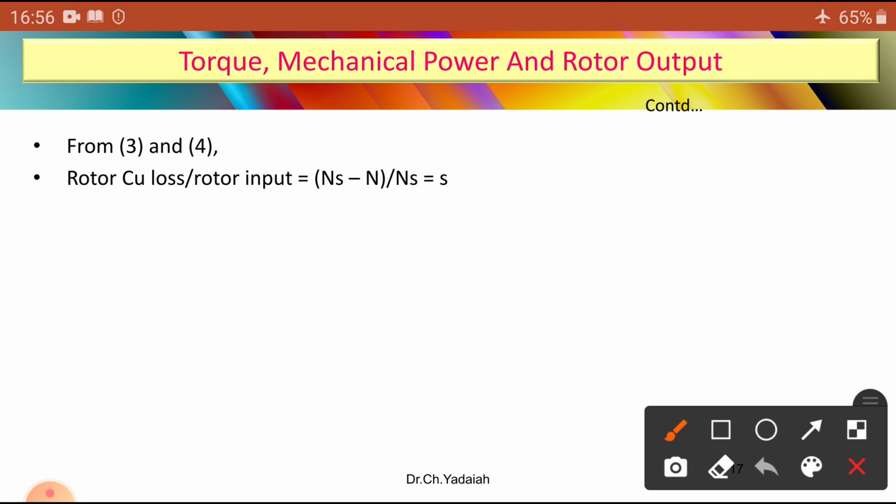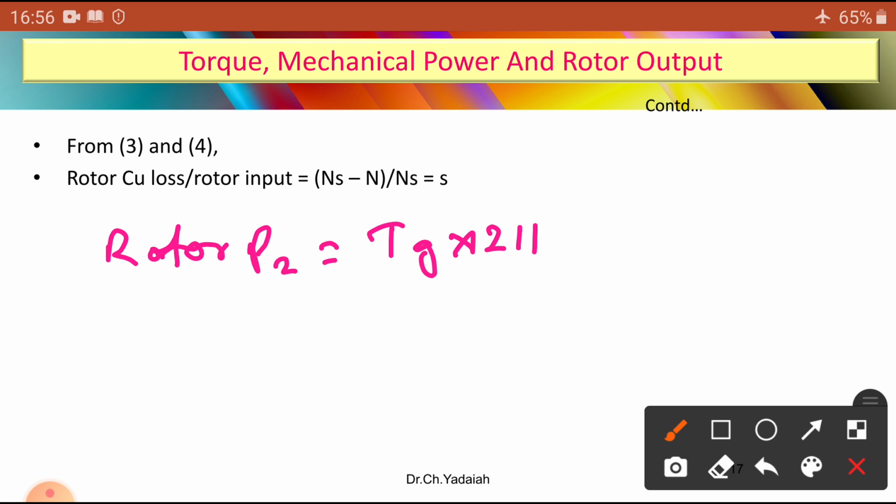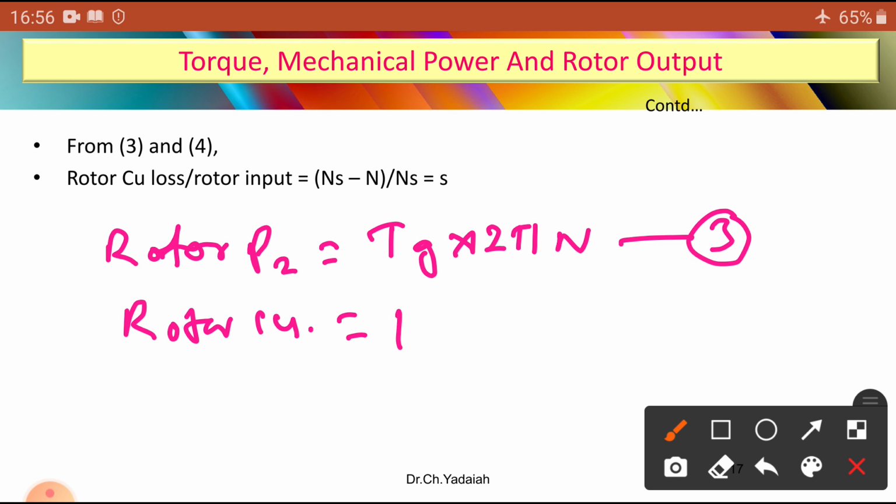Here the rotor input, P2, is written as Tg into 2πNs. This is the third equation we have written. And the same for rotor copper losses: we write total input minus output, that is, rotor input minus rotor output is the copper losses.